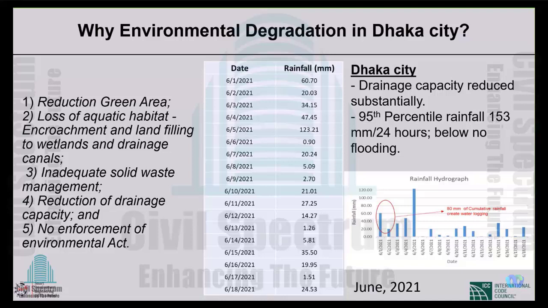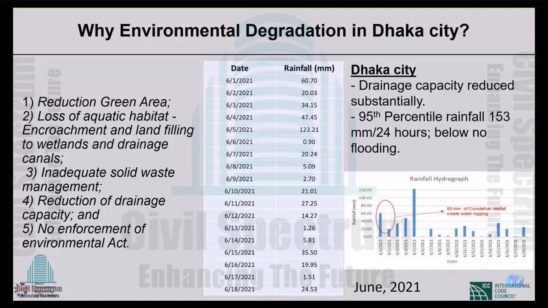Here is an example of Dhaka city. Normally, we call it an extreme event when rainfall intensity is more than the 95th or 90th percentile.